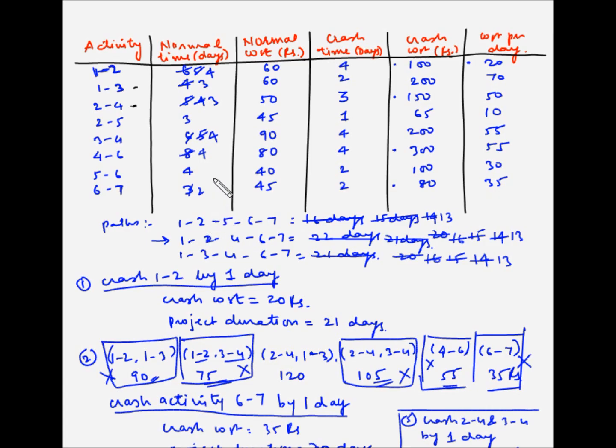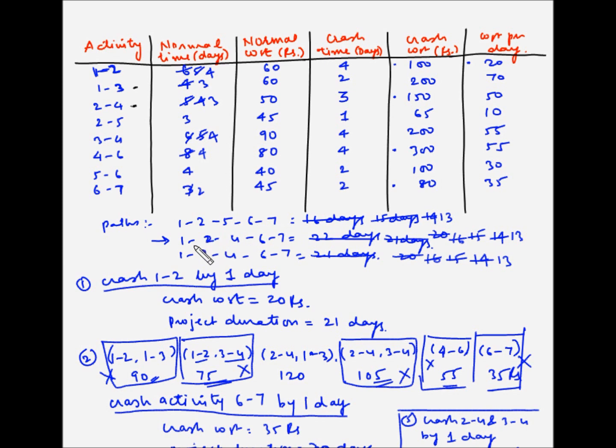Activity 1-2 has already been completely crashed, so we cannot crash this activity. Activity 2-5 still has 2 days that can be crashed. So there is scope there. 5-6 still has 2 days, and 6-7 has already been crashed. So there is definitely some scope for crashing the path 1, 2, 5, 6, 7.